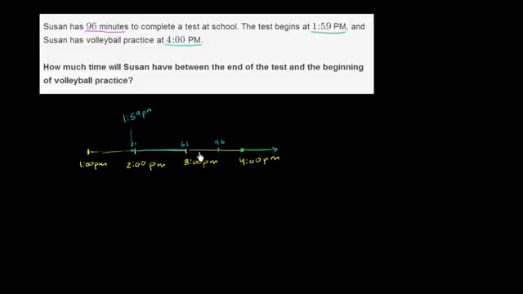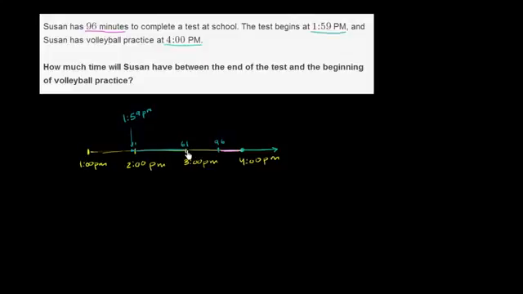And what we need to figure out is what is left over. What is this distance right over here? Or what is this difference in time right over here? And so to figure that out, we need to figure out the time at which 96 minutes have passed since the beginning of the exam. So at 3 o'clock, 61 minutes have passed. And so if we say, well, how many more minutes have to go on for the end of the test? It's going to be 96 minus 61.